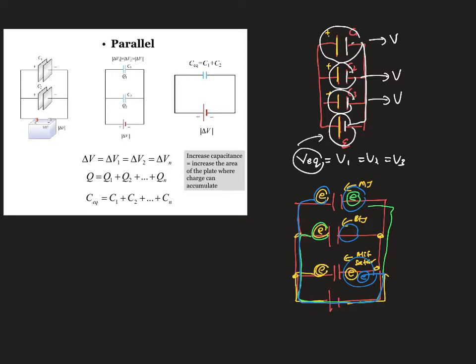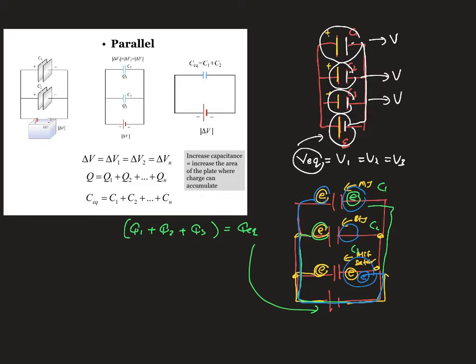So the amount of charge of capacitance 1, capacitance 2, and capacitance 3 will be different, but you need to understand that Q1 plus Q2 plus Q3, the total charge, will be equal to the Q equivalent.